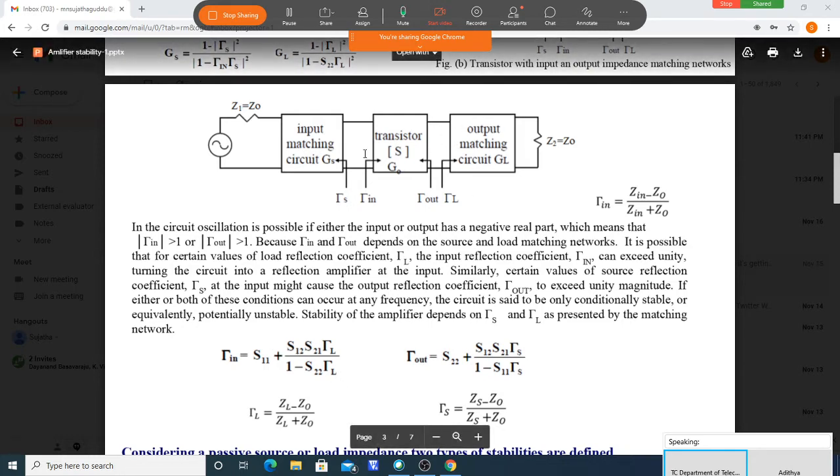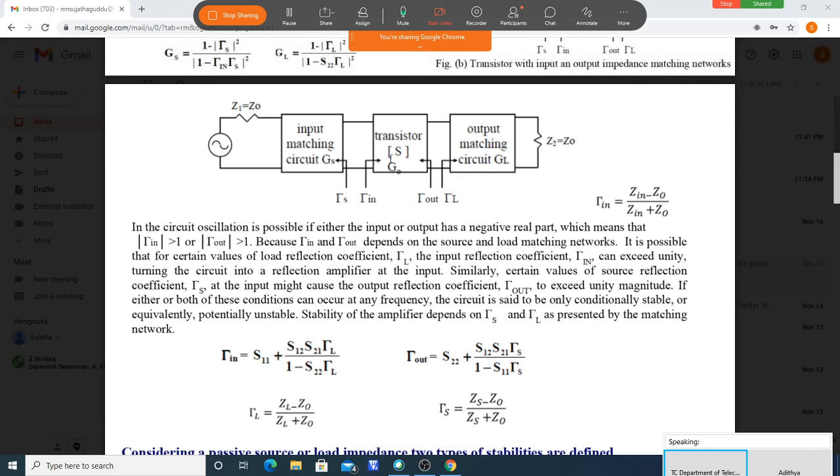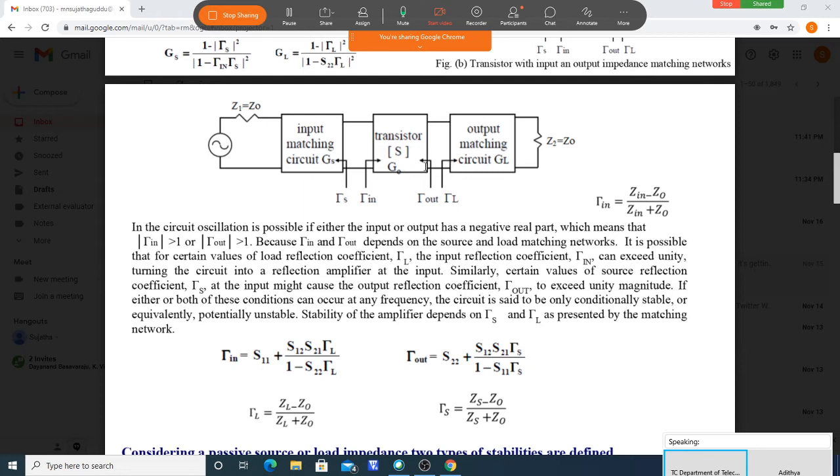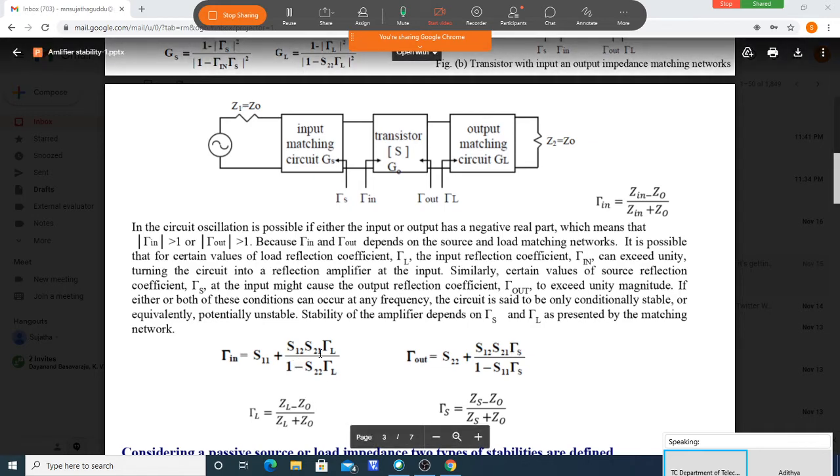S12 times the reflection gets added, and that may increase the reflected wave. So here the outgoing wave is greater because a part of the reflected wave from here enters through this, and it is bidirectional. For example, S12 is not equal to 0.